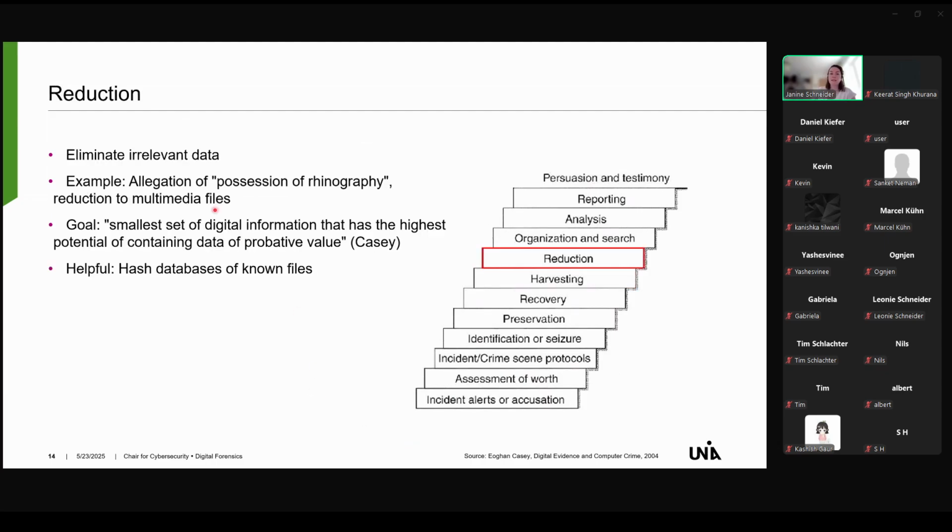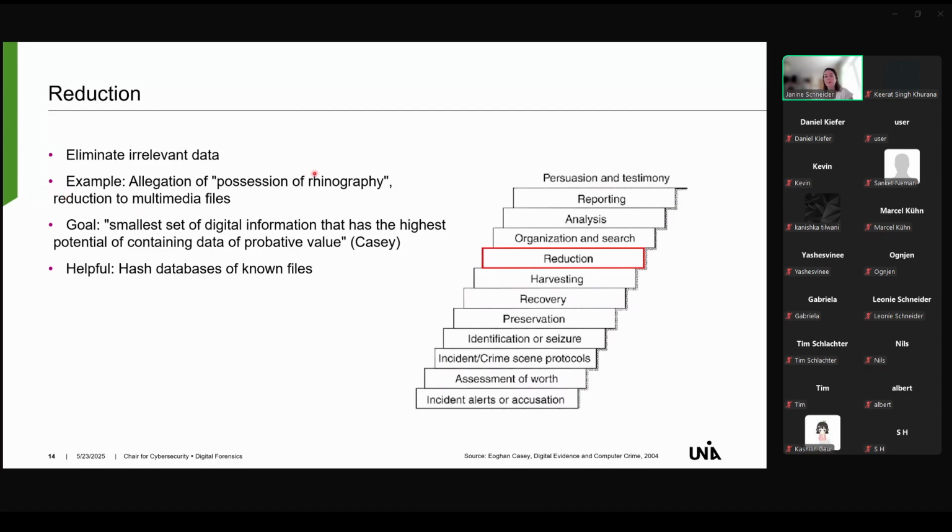Okay, and after that, the reduction phase comes into place. This is a phase where all the irrelevant data is eliminated. For example, if we have a case that is about the possession of illegal pornography, then you could reduce the evidence to multimedia files.